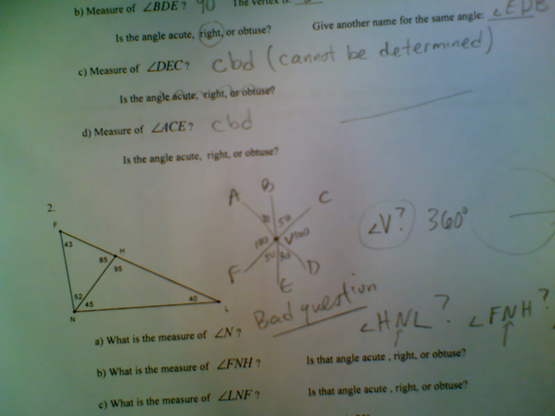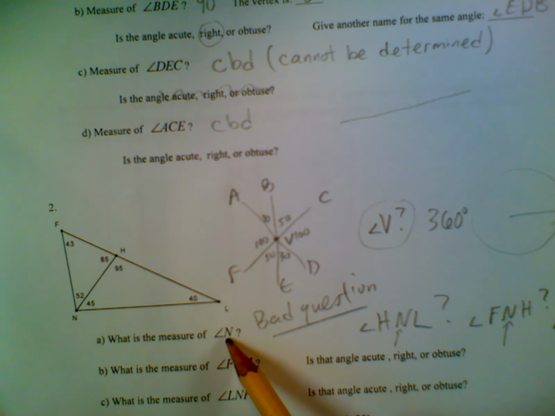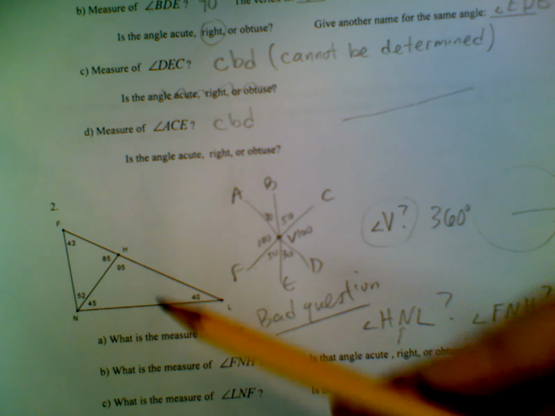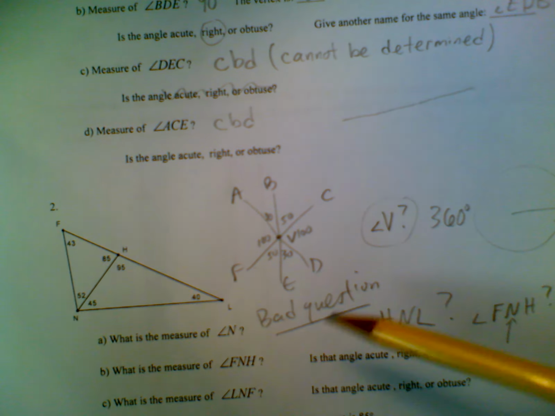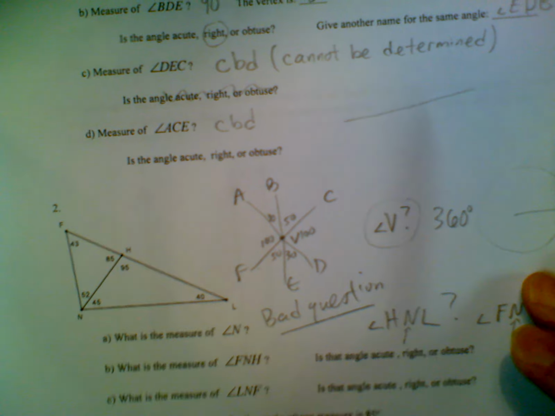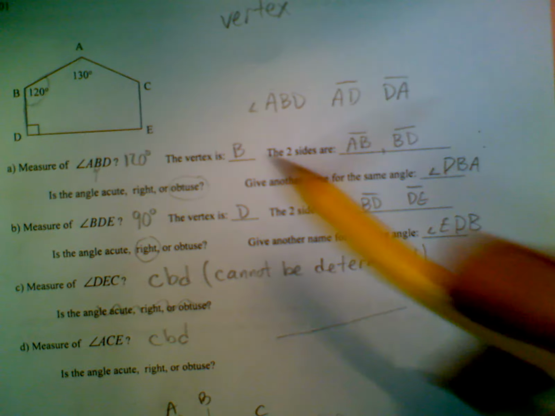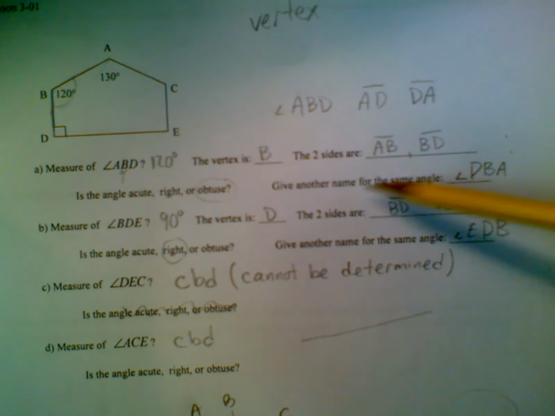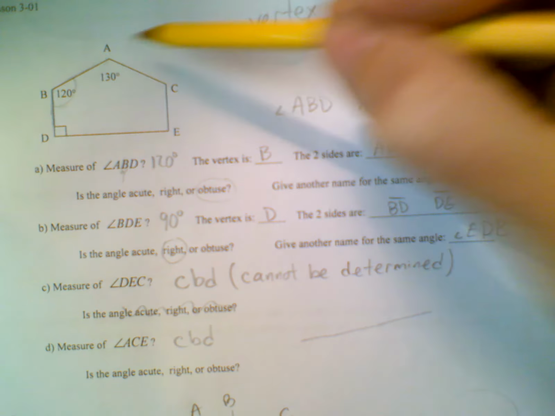Now, you can get away with a single letter name for an angle if there is no confusion, no uncertainty at all about what angle you're talking about. And this can become a little confusing for students. Let's go back to this picture up here. What is another name for angle DBA?